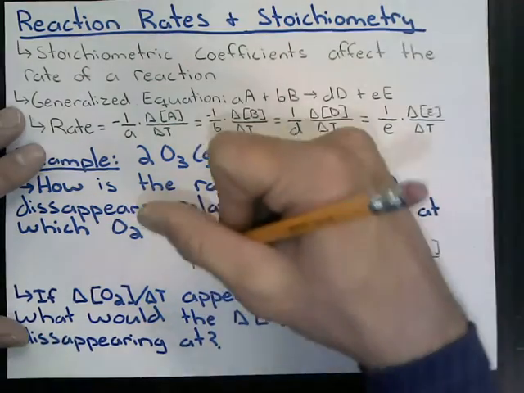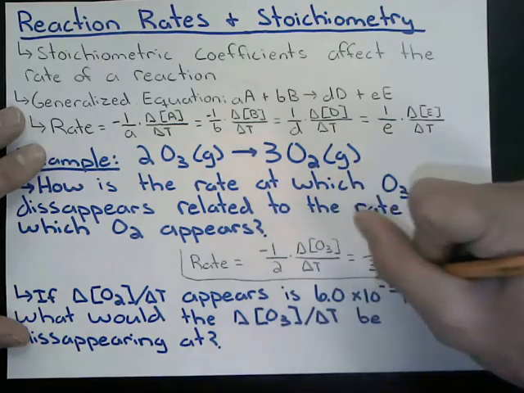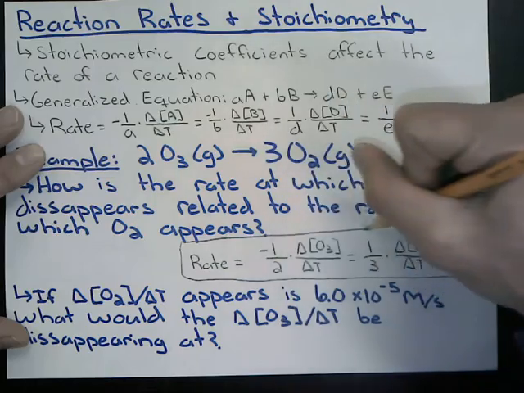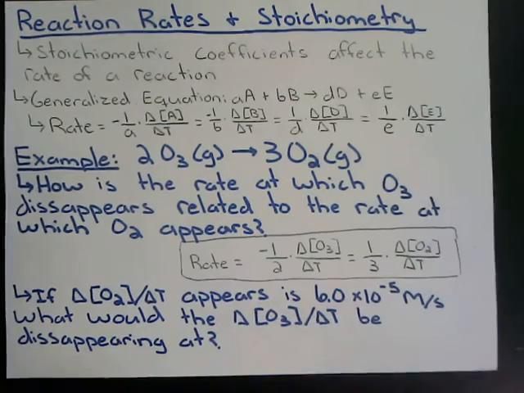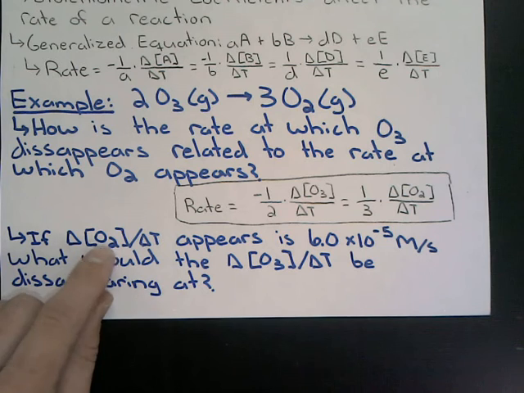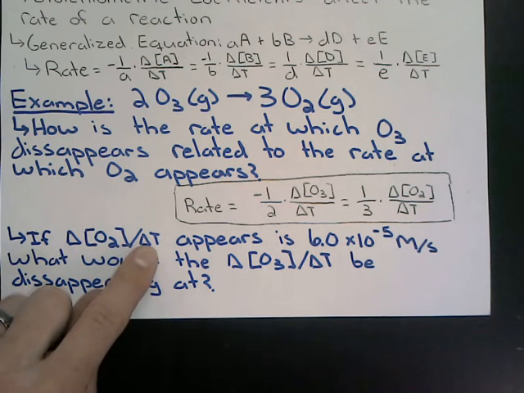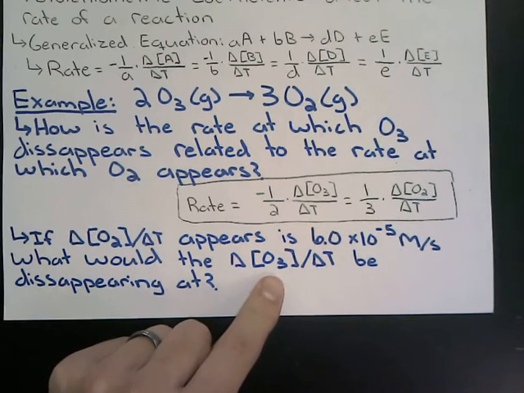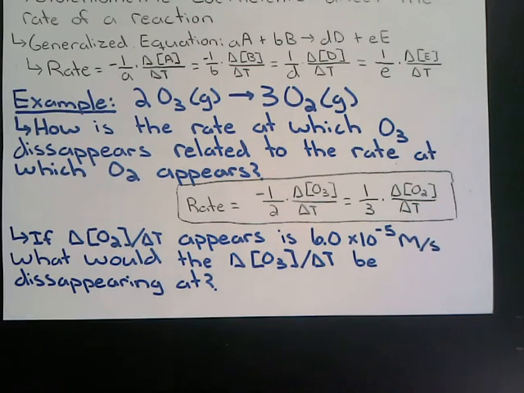And that ultimately becomes our relation between how O3 is disappearing and how O2 is appearing. So we have an example here, and it says if the change of concentration of O2 over the change of time is appearing at 6.0 times 10 to the negative fifth molarity per second, we want to know what the change of concentration of ozone, O3, per the change in time would be disappearing at.